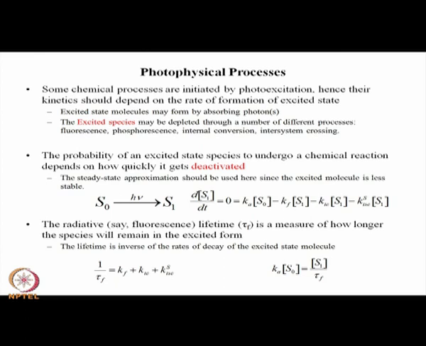The probability of an excited state species to undergo a chemical reaction depends on how quickly it gets deactivated. If it is quickly deactivated, then it may not get sufficient time to undergo further reaction or interaction with other molecules, or to rearrange itself.